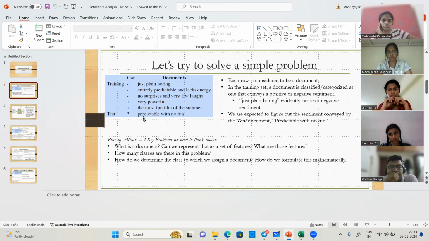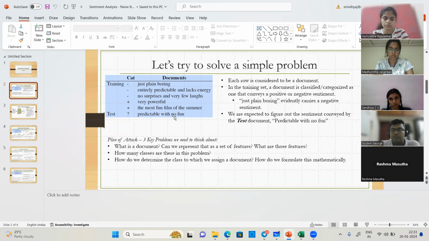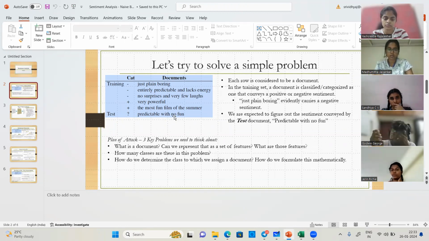I'm using the word document again and again because technically it can be a bunch of paragraphs, but for the sake of keeping it simple, what you're seeing here is a simple phrase. It's not even a complete sentence, but the principles are the same. You're going to apply the same principles be it a paragraph, a short sentence or even a phrase. The concept remains the same.